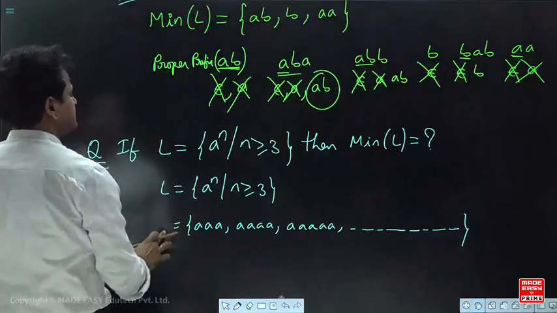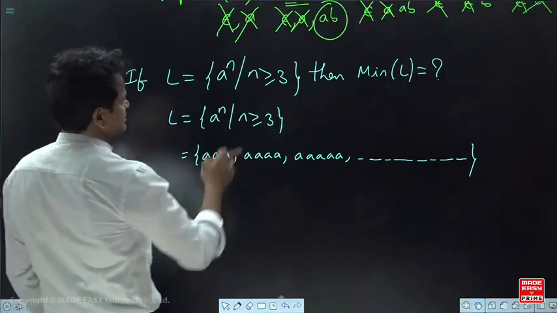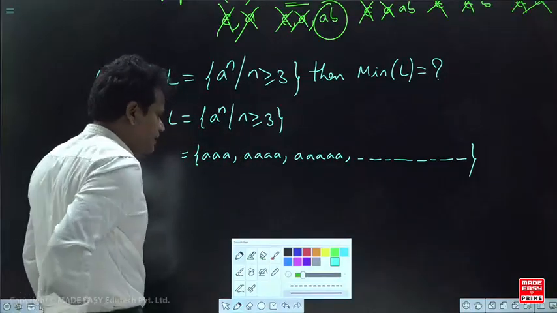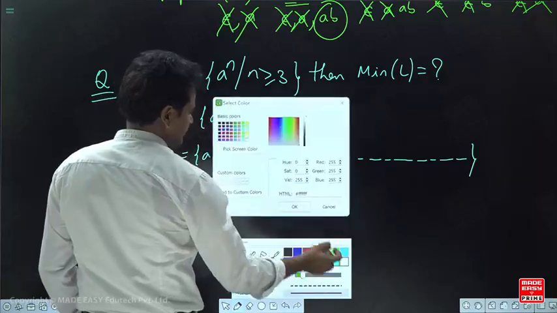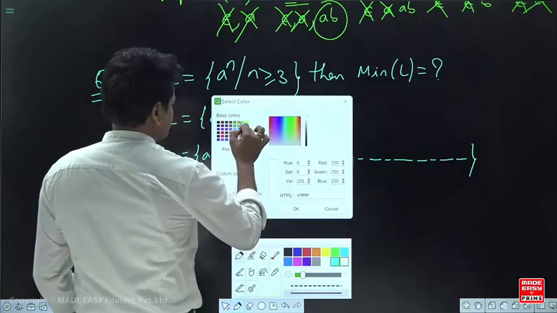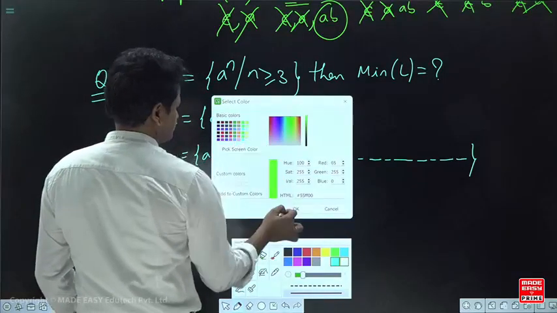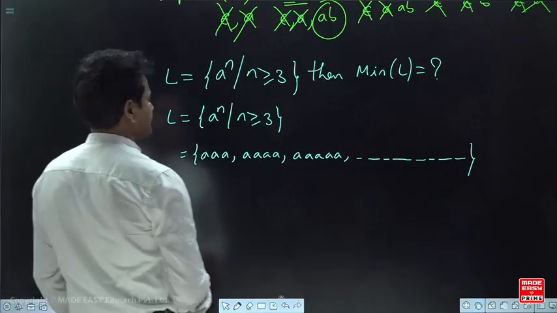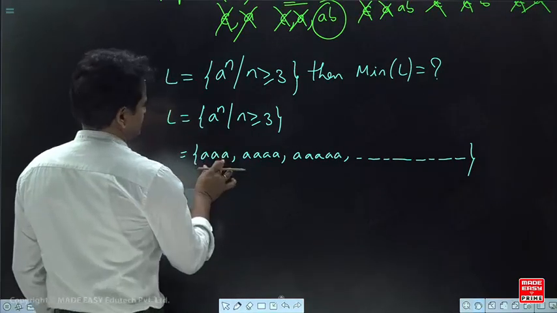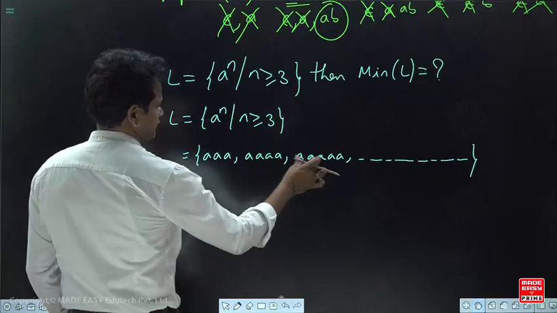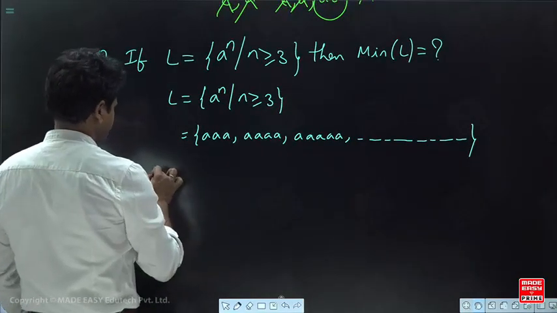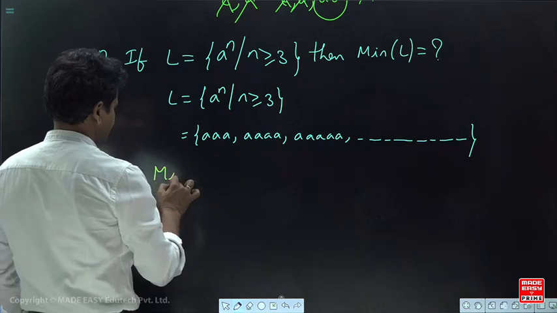So if I take this question, a power n, n greater than or equal to 3, the minimum value of n is 3. If n is 3, a cube; n is 4, a power 4; a power 5, a power 6. Now, what is the minimum of L?